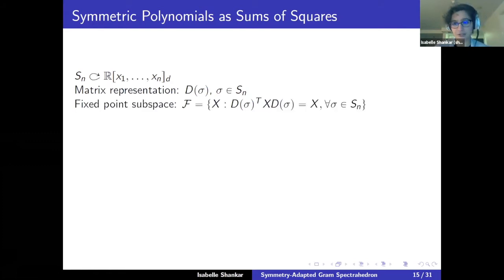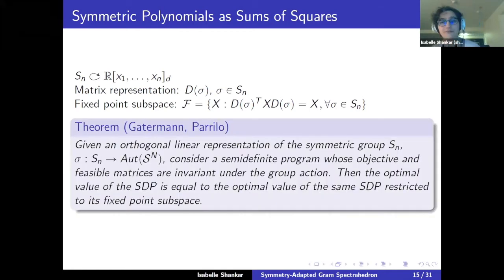With this new action on the space of symmetric matrices, I'm going to restrict my semidefinite program to the fixed point subspace, the subspace of all symmetric matrices which are fixed under this induced action. It turns out that that is enough for an invariant semidefinite program.